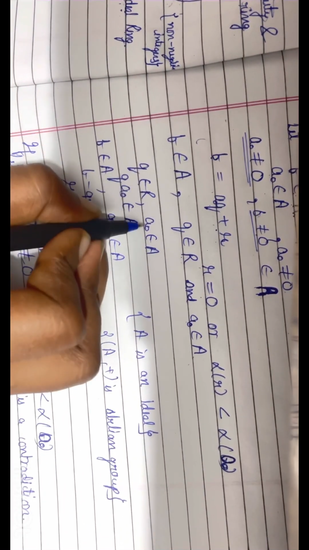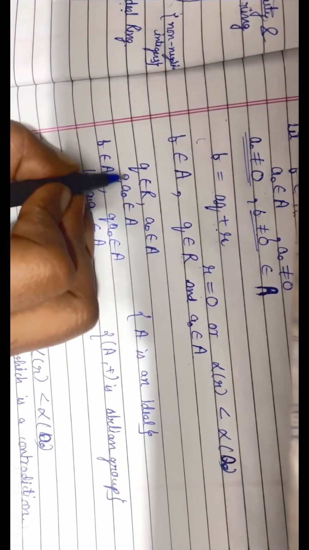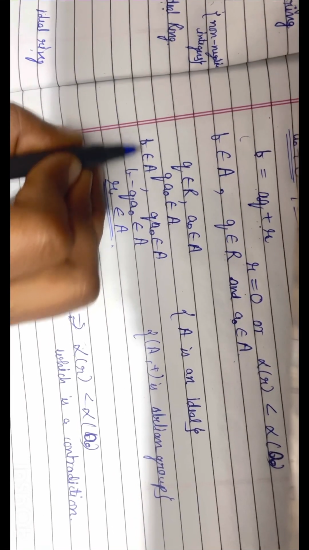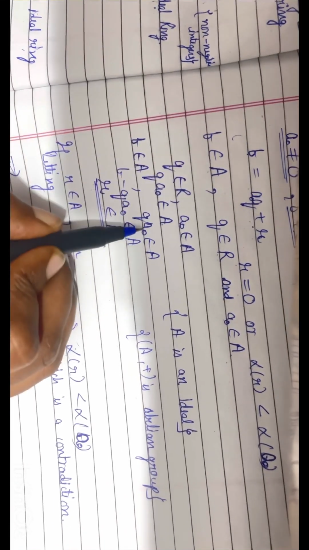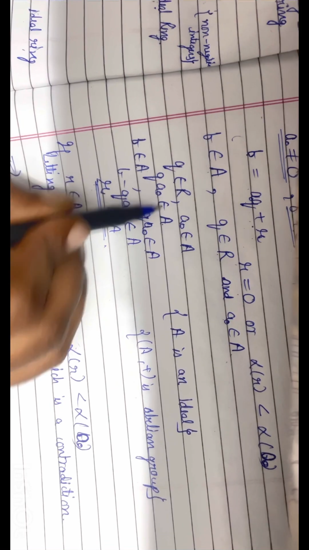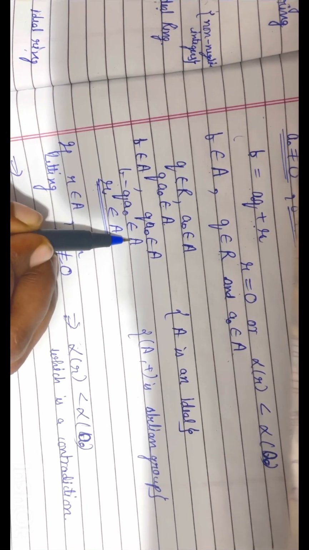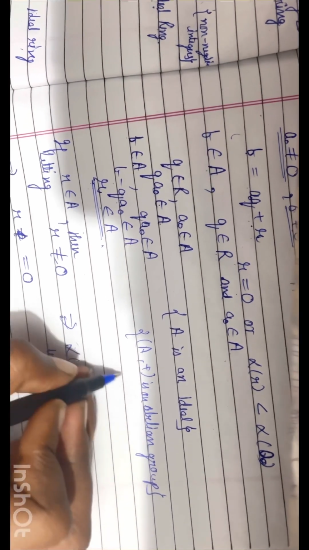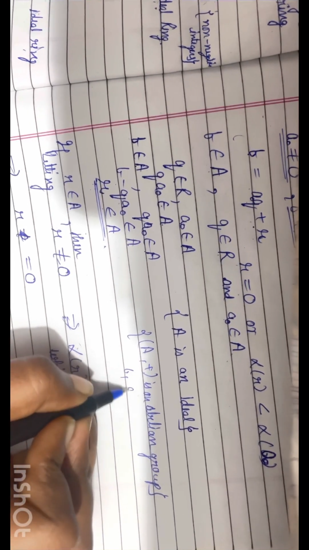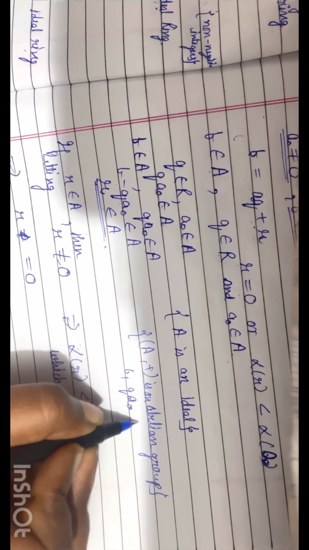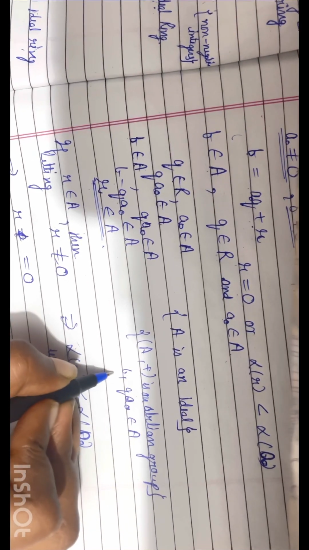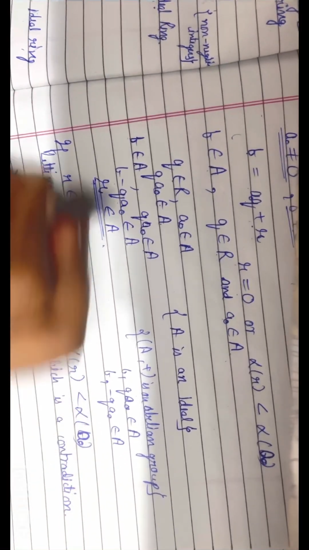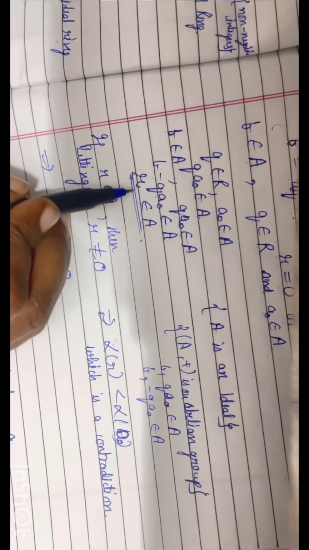If Q belongs to R, A naught belongs to A, then Q A naught will belong to this ideal A. Here B belongs to A, Q A naught belongs to A. From here, B minus Q A naught will also belong to A, because A under plus is an abelian group. So this can be written by definition of group.